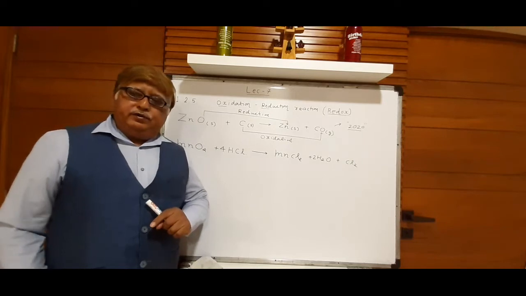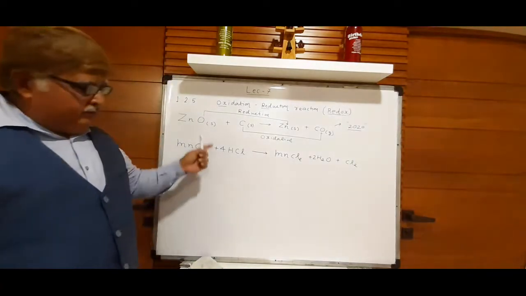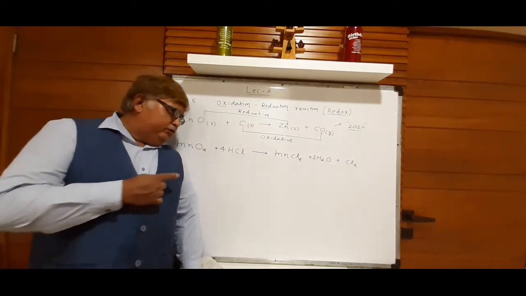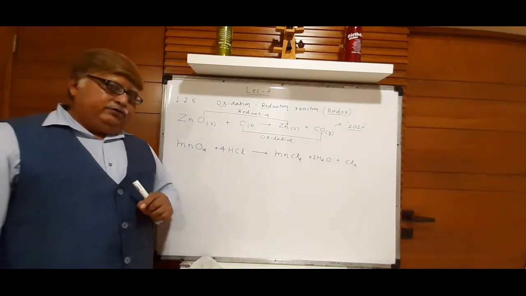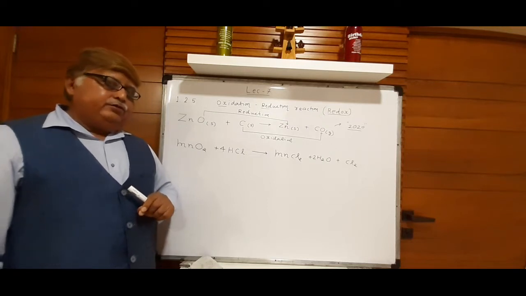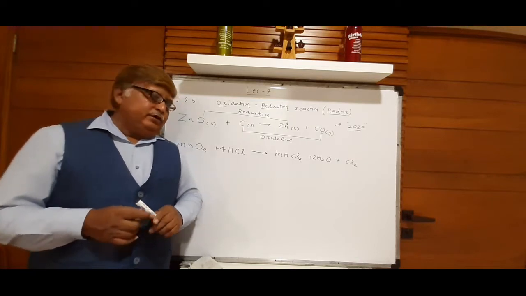After you write this chemical reaction, now what I am asking, can you say in this particular chemical reaction, which substance is getting reduced and which substance is getting oxidized?